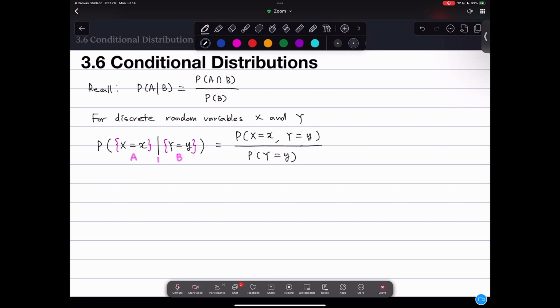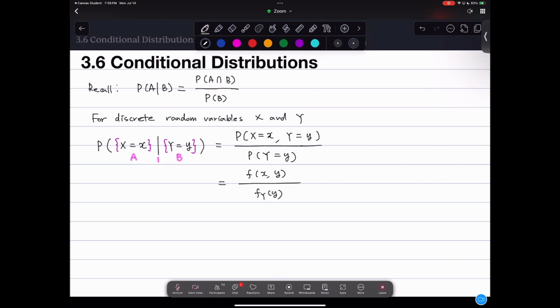The numerator is about x and y together jointly, so we write it as the joint f of x, y. Your denominator is y alone, so we call that the marginal, f of y.